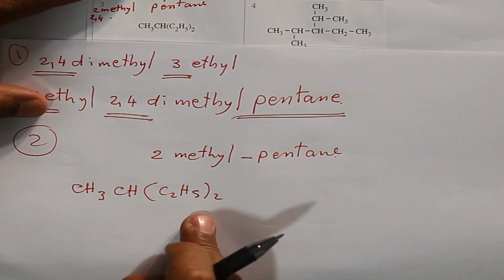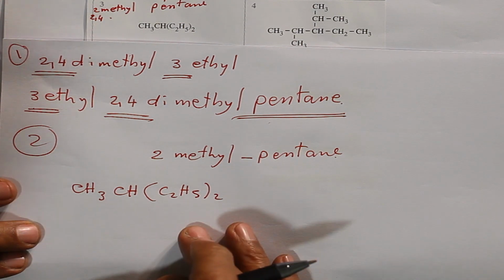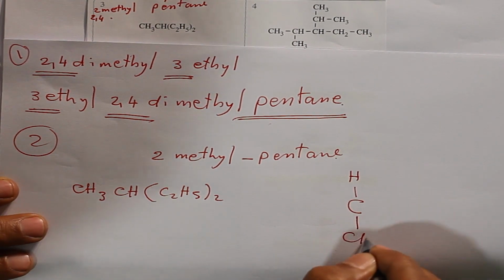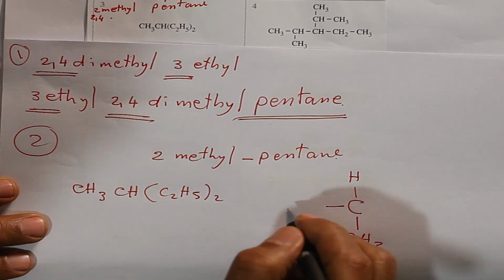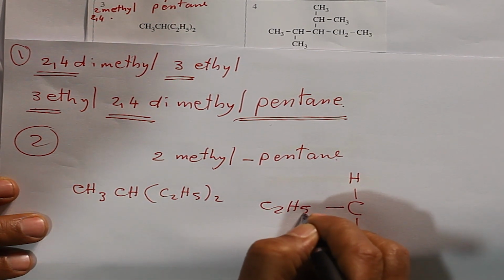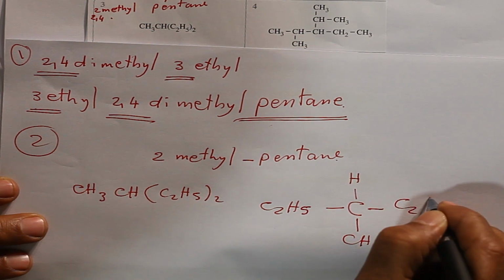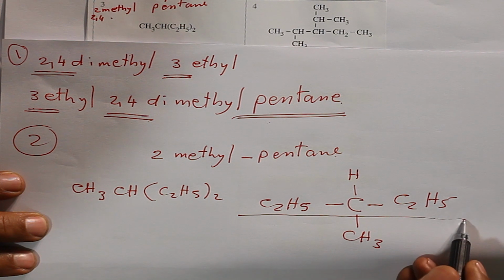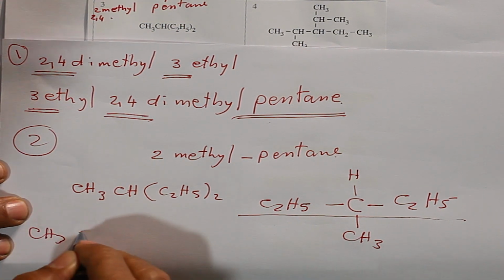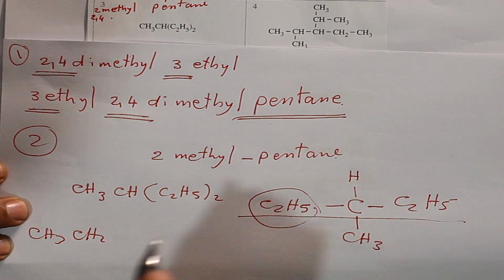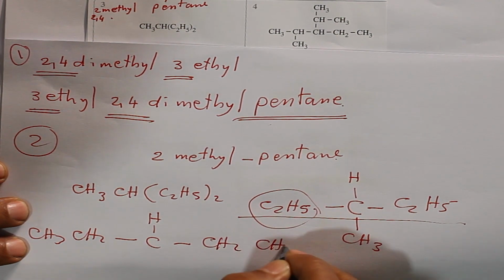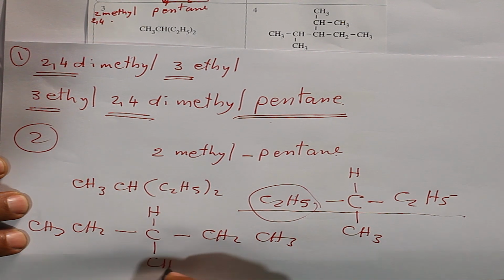Number 3, we have CH3, CH, C2H5, C2H5. We can write this compound in structure form. Put C in center. Hydrogen and methyl, CH3, 1-ethyl, C2H5, and another C2H5. So we can get this series: CH3, CH2, C2H5, CH, CH2, CH3, CH3.